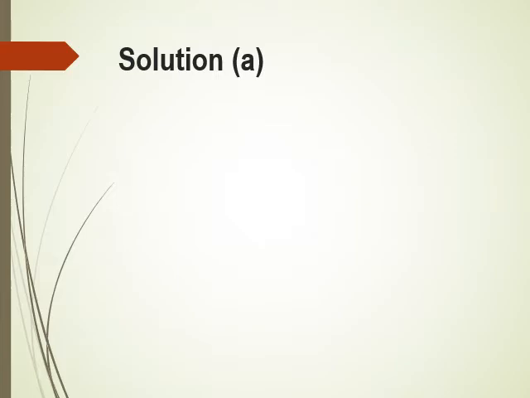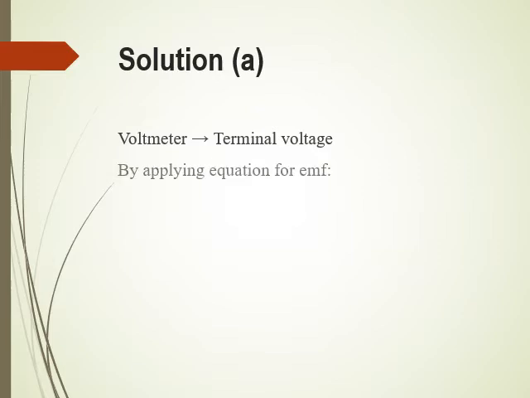For the voltmeter, we use it to determine the potential difference between 2 points. In this question, we use it to measure the value of terminal voltage. Now, since we have the value of current already, by applying the equation for EMF again, we have EMF equals V terminal plus Ir.